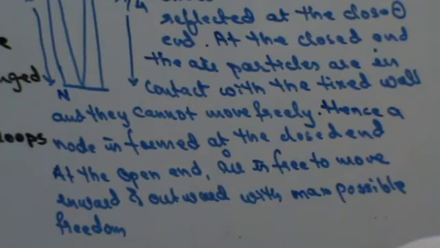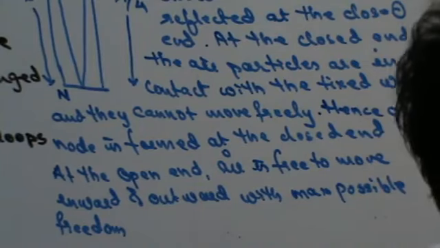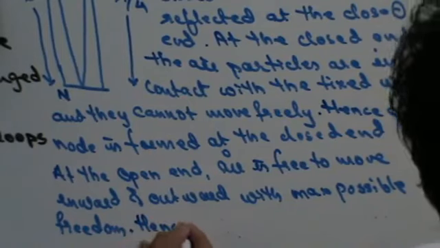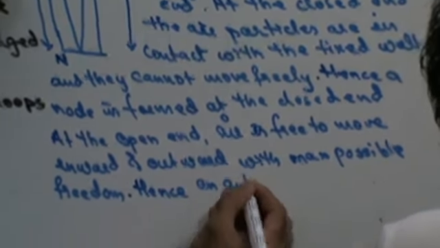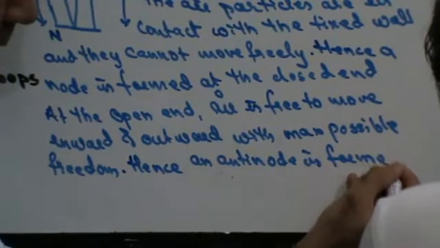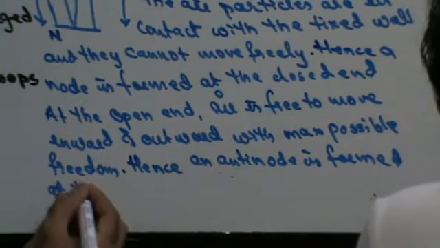Air is allowed to move inward and outward with maximum possible freedom, right? Hence an antinode is formed at the open end.